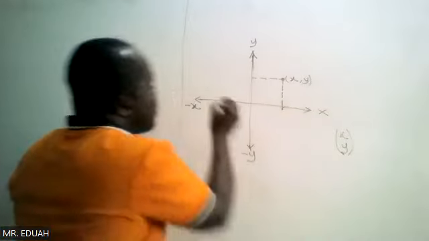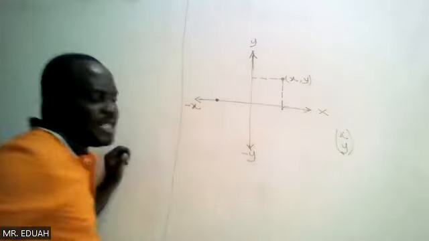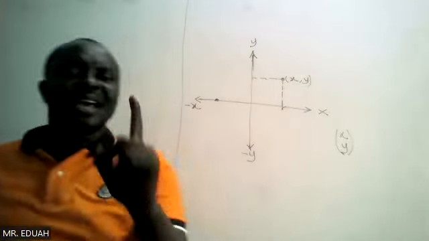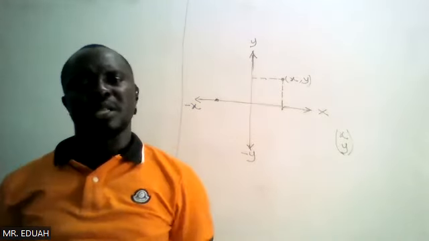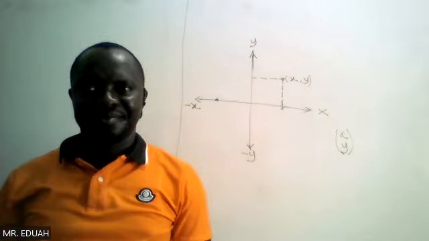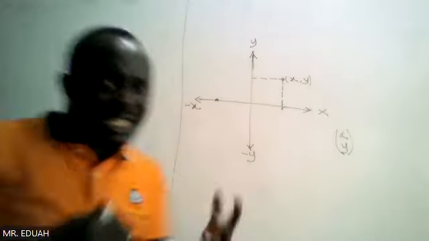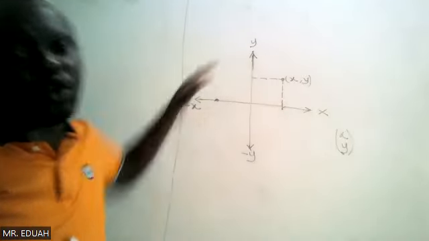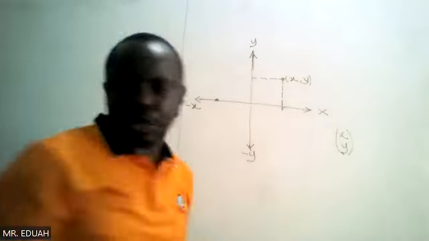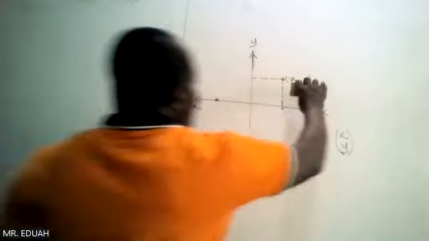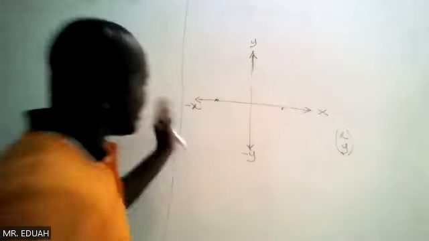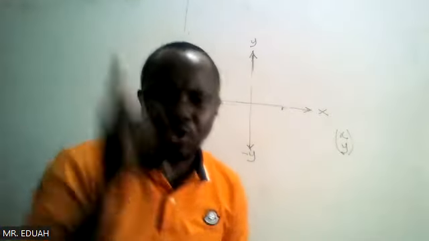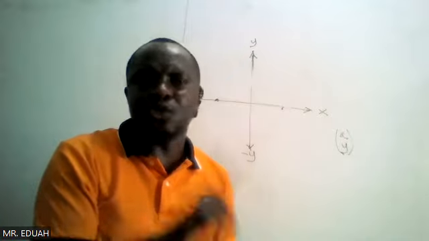But if the point is over here, as you've done in transformation before, you would only have an x component and a 0 y component, isn't it? Good. That is the angle we are looking at, resolving vectors into components. So if a vector is along the x-axis or y-axis, you can only have one component. The other component will be 0.